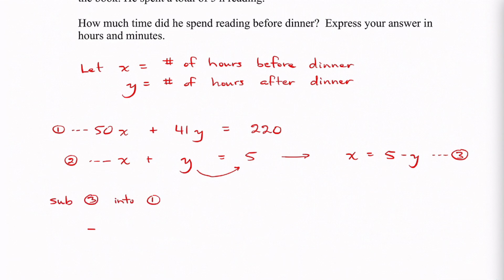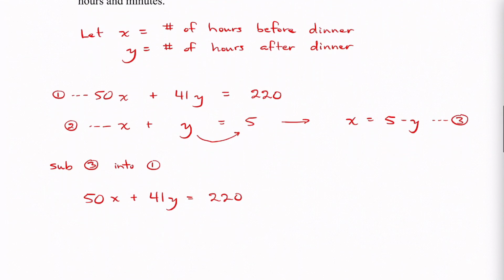So equation 1 was originally 50x plus 41y equals 220, but now x is going to change into 5 minus y. So this is going to be 50 times x, which is actually now (5 minus y), and then we had plus 41y, and that equals 220. So to solve this, whenever you have brackets, distribute in to get rid of the brackets.